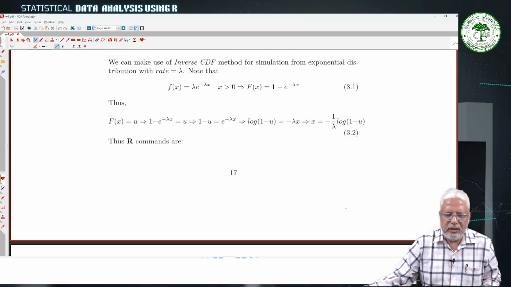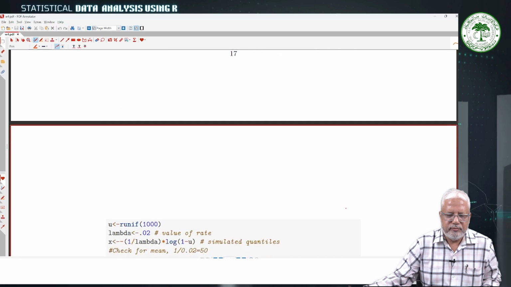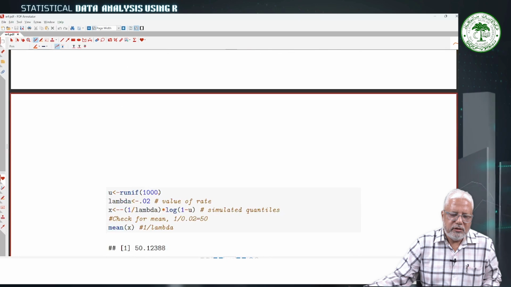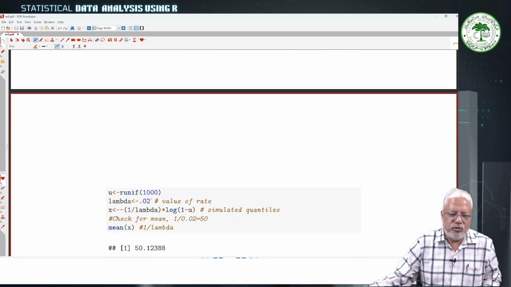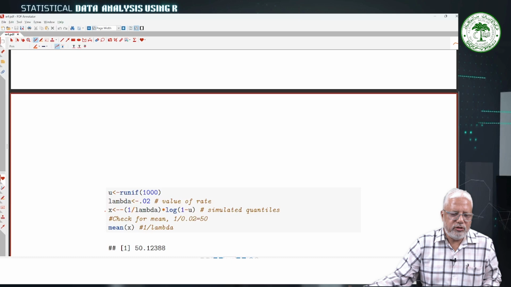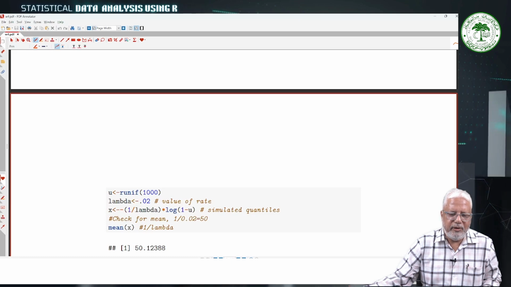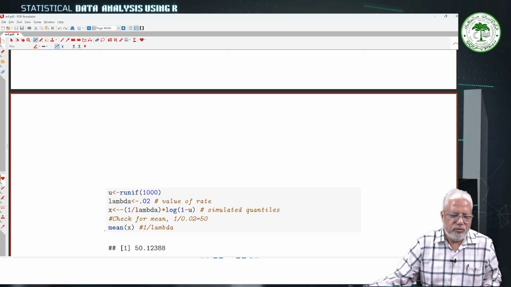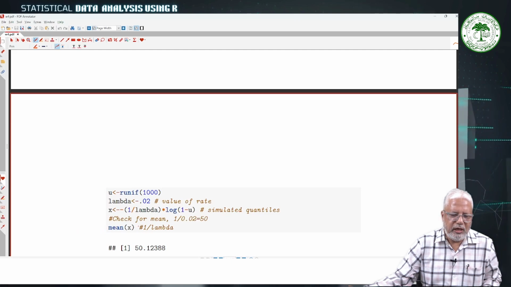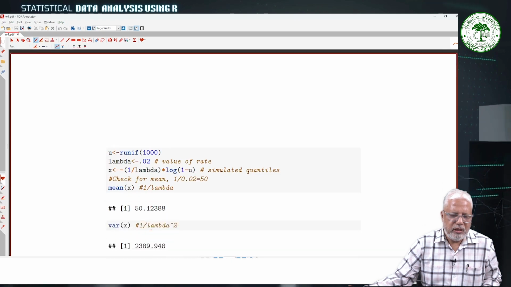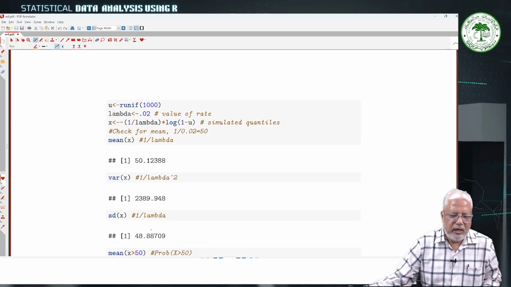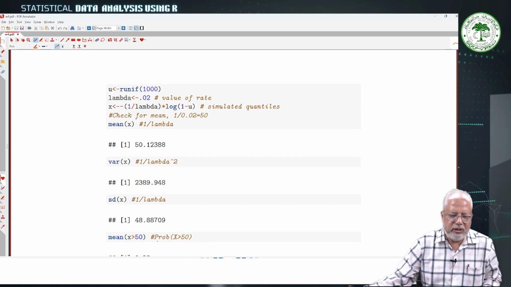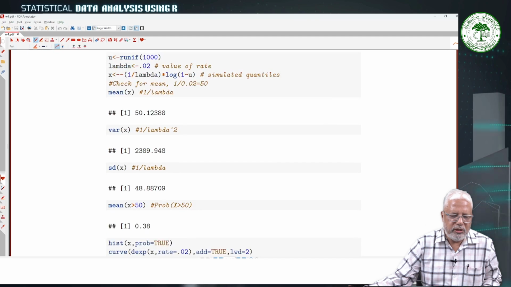Now, how we can generate the R commands? u is equal to runif(1000), lambda is equal to 0.02, the value of the rate, and x is equal to minus 1 by lambda into log of u, the simulated quantiles. Then we can check mean of x, which is 1 by lambda, 50, variance of x, SD, and then mean of x greater than 50, that is prob, equal to 0.38.